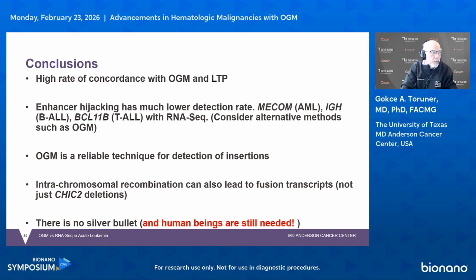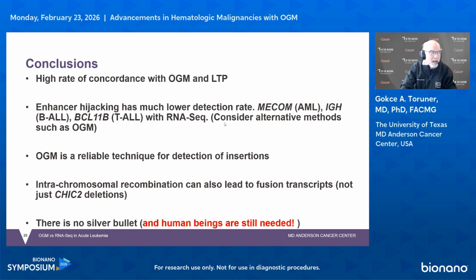Now, before wrapping up, let me remind you of the conclusions. There's a high rate of concordance between OGM and LTP, which is reassuring. The genes with enhancer hijacking have a much lower detection rate with LTP. Particularly MECOM, a class-defining abnormality with a very bad prognosis in AML, or IGH rearrangements in B-ALL, and the BCL11B rearrangements, which are a driver for T-ALL.